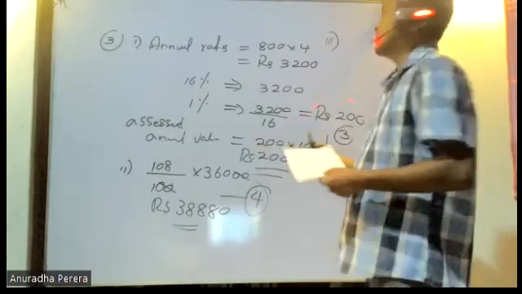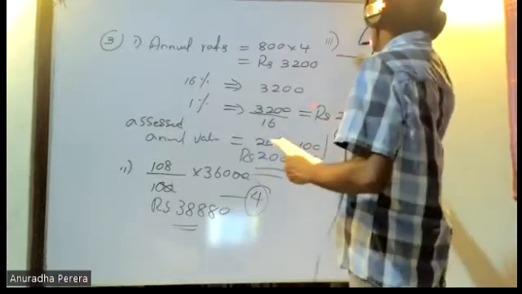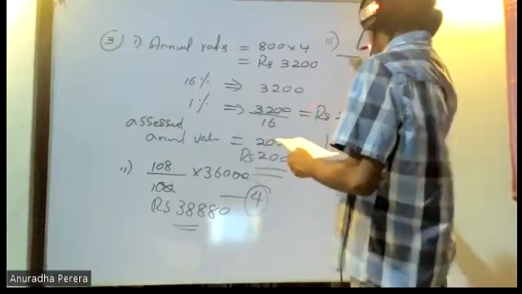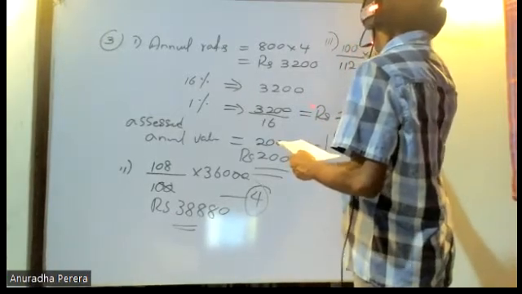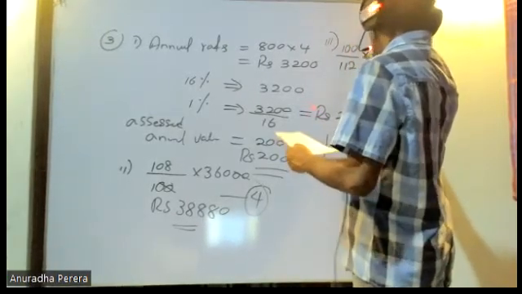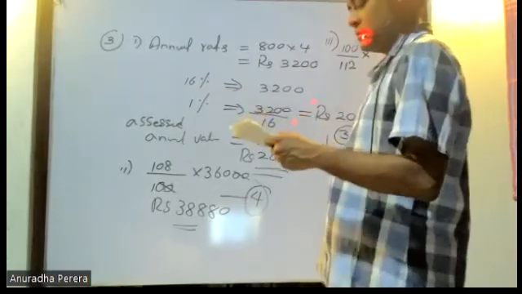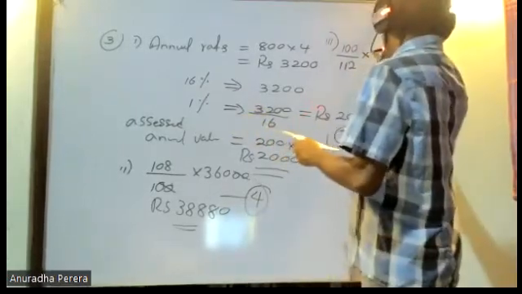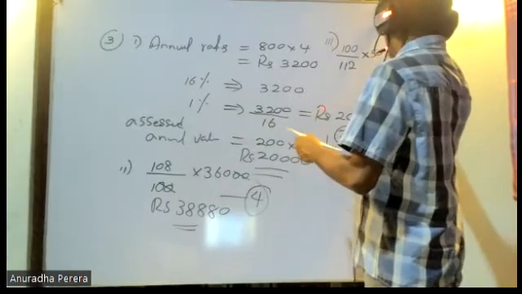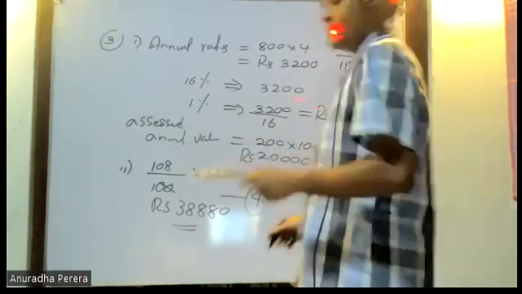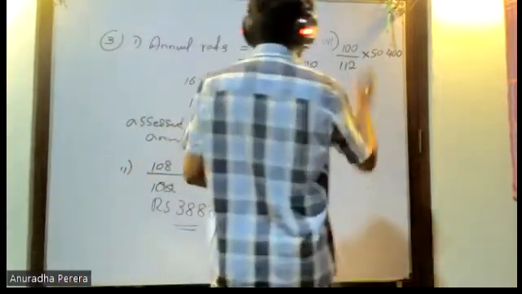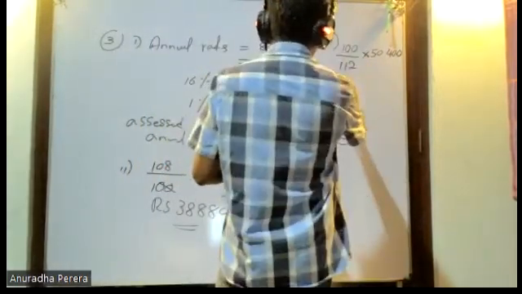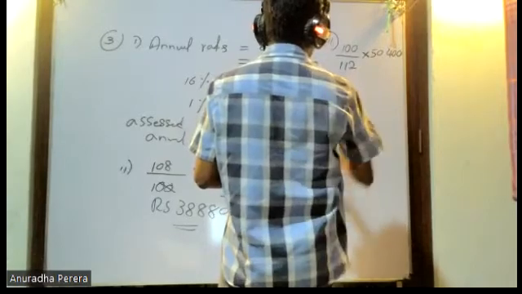Right. We can use this one, 112 to 100. The total amount paid is 50,400, including VAT. This gives the answer. Then simplify it. After simplifying, you can divide by 4.